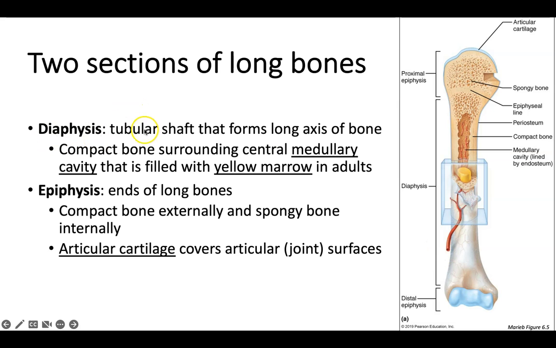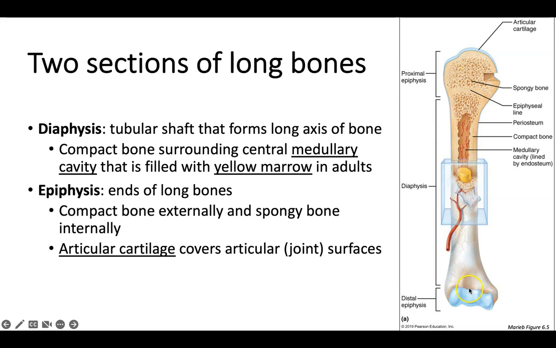So the diaphysis is that tubular shaft that forms the long axis of the bone. It's going to be compact bone on the outside, so on the edges, surrounding a central cavity called the medullary cavity. So that medullary cavity is important because that is the storage place of much of our yellow marrow. So bone marrow is stored within that medullary cavity.